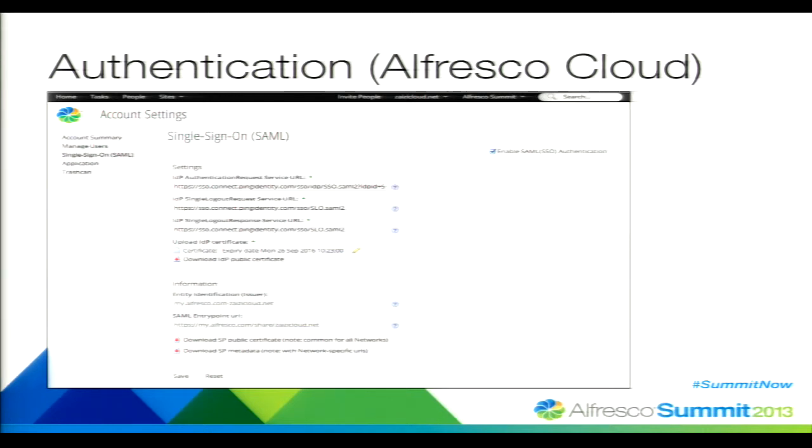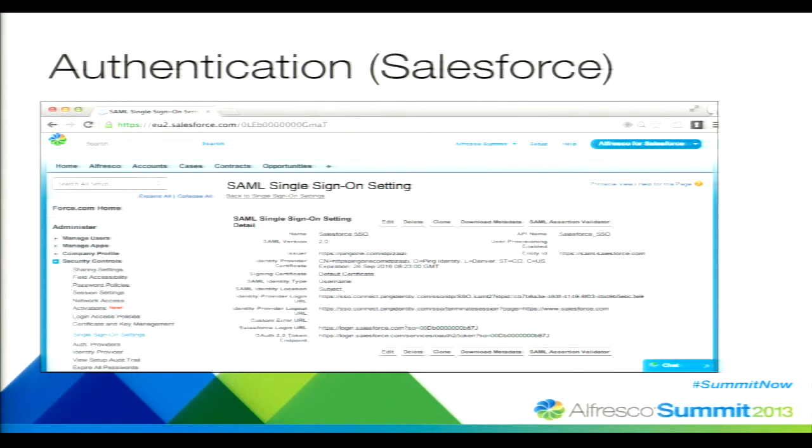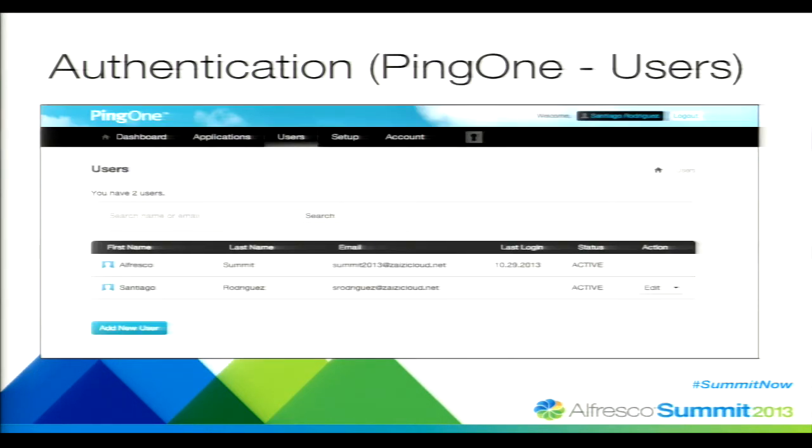Basically, the certificate, the endpoint, and some URLs. This is the case of Gmail. The same for Salesforce, okay? On top of that, apart from the applications, using a user as administrator, we have registered some users that can do single sign-on using PingOne.